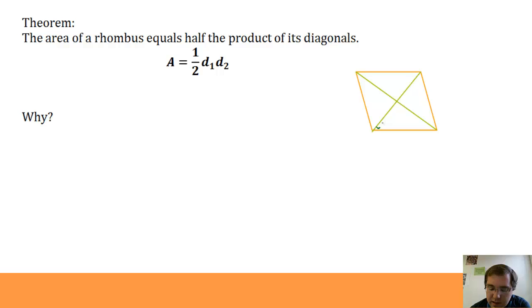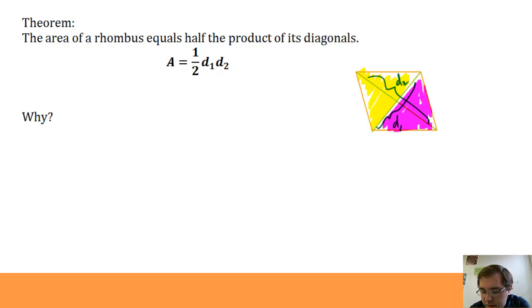So let's say that this is D1, diagonal 1, and this is D2, diagonal 2. If I take those two and multiply them together and take half of that, I will have the area of the rhombus. Why? Well, because a rhombus is really a combination of two congruent triangles, where, let's say I use this as one triangle, and this is the other one.